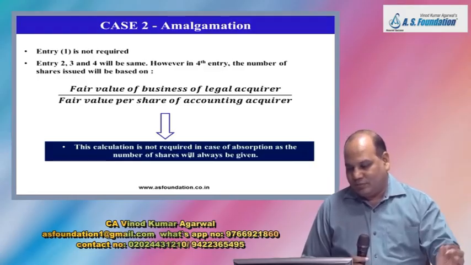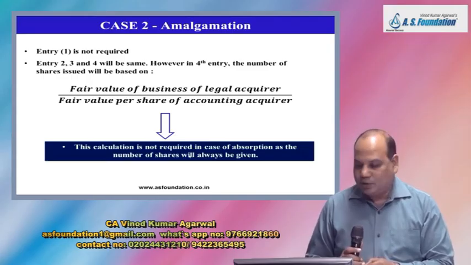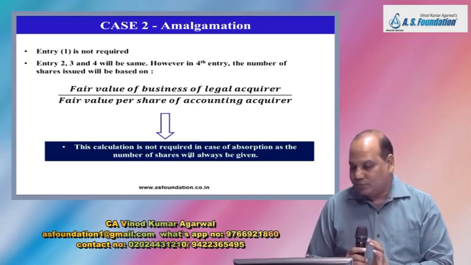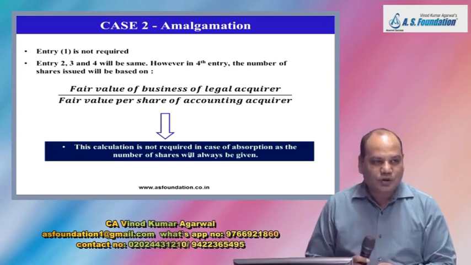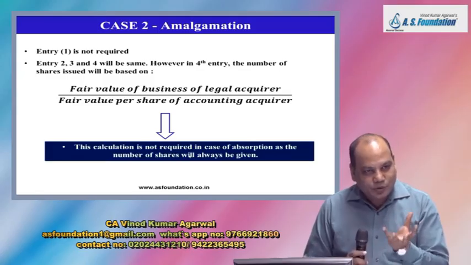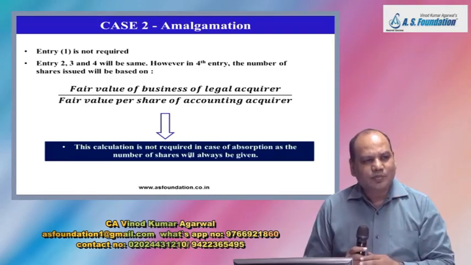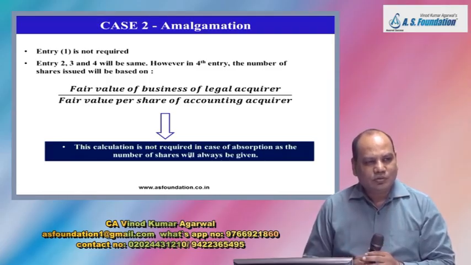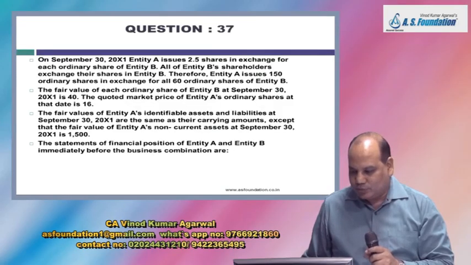Legal acquirer's figure will already appear in the SOFP in case of absorption problem. In amalgamation problem, we have to issue the shares. Therefore, formula will be required. In absorption, it is there in the SOFP. Immediately, I will give you a small example to prove my point.